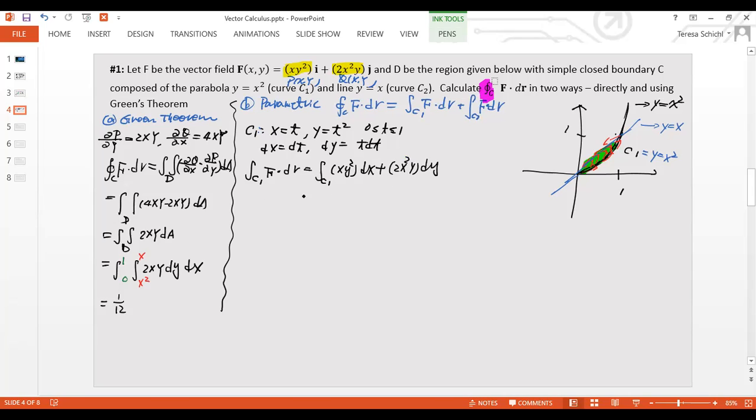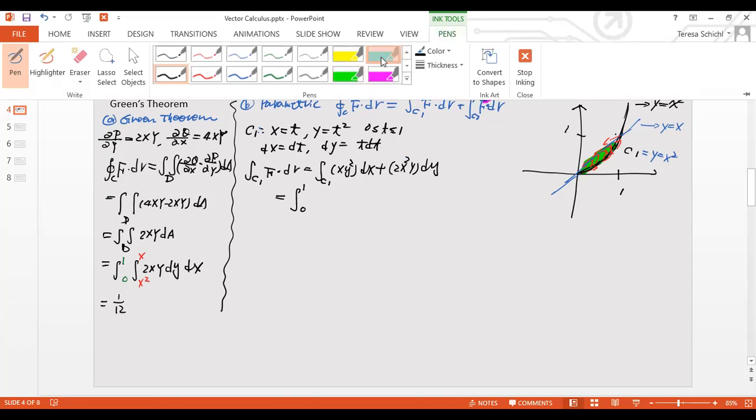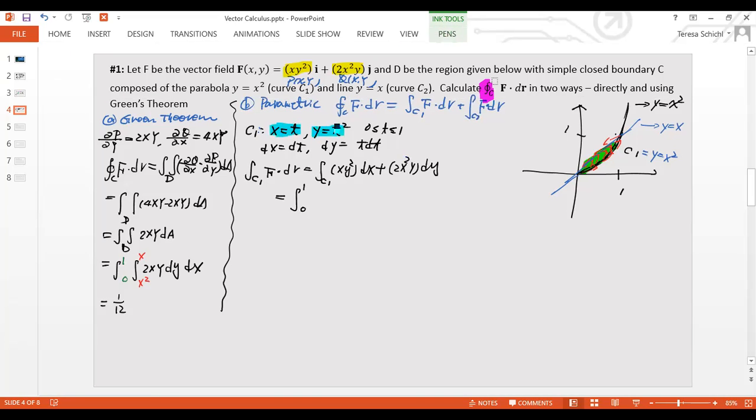Now let's plug in here. The t is from 0 to 1. The x here is t, and y is t squared, so you need to replace here with t. So the first one is t times y squared.